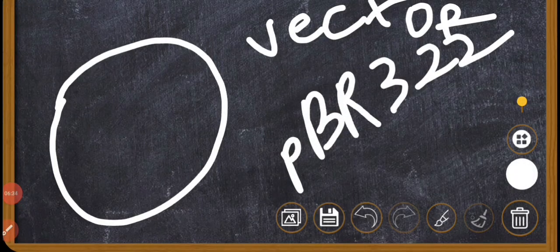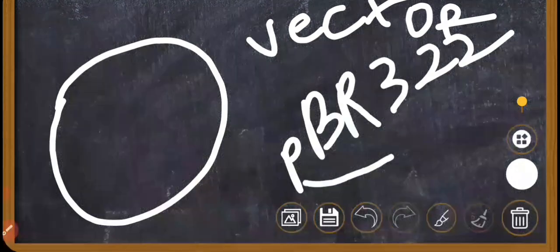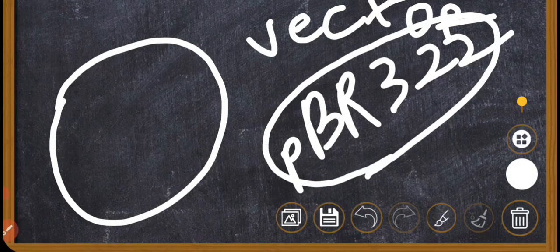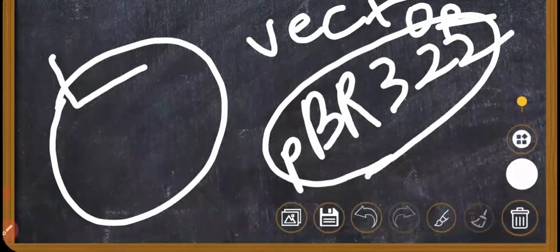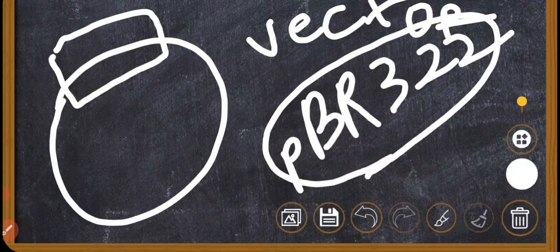Another thing we need to understand is the vector pBR322. This vector is used to insert one gene into a bacterium. In genetic engineering, we take the gene of interest, whatever gene we want to express or multiply into various numbers, and insert it into a certain portion of a vector.